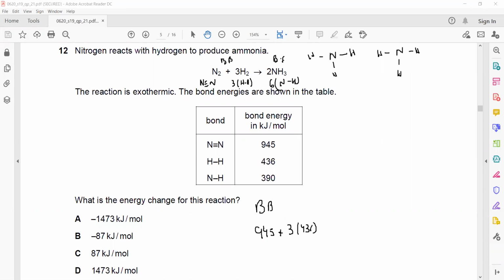That is the bond breaking energy. And bond forming: there are 6 N-H bonds, so 6 multiplied by 390. Then just do the subtraction, bond breaking minus bond forming. When you substitute the values, you will find B is the right answer.